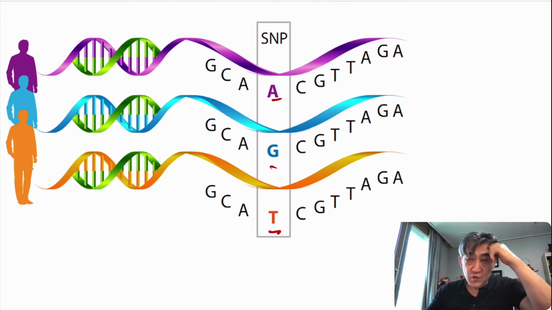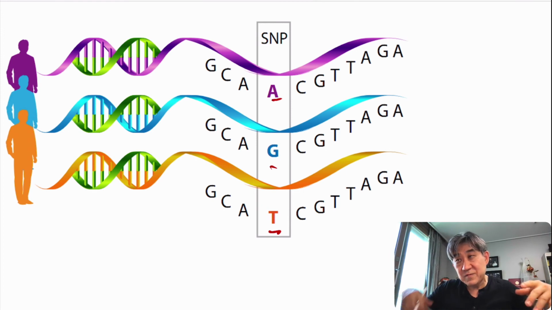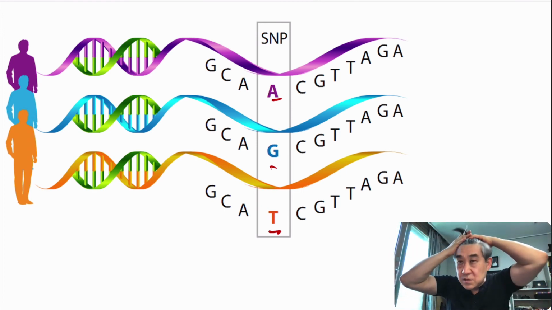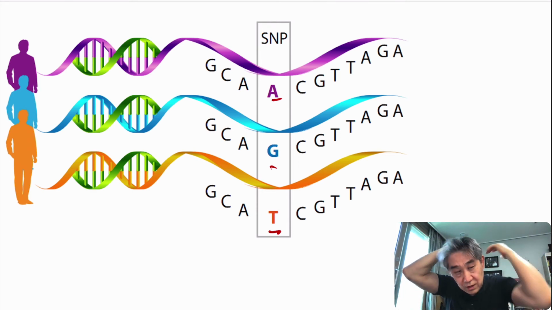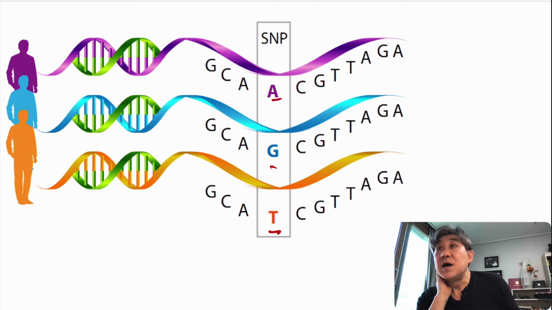If you try to collect all the different SNPs existing in all different humans, an overwhelming number of SNPs can be detected.